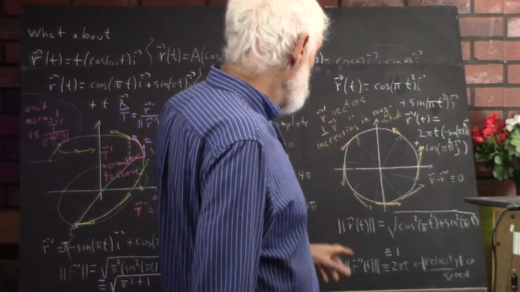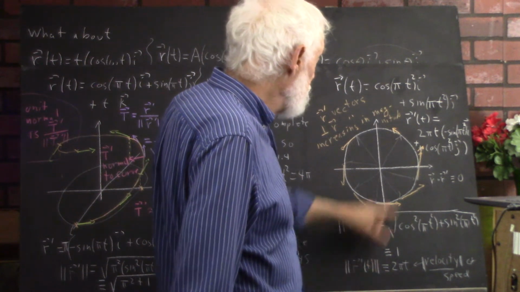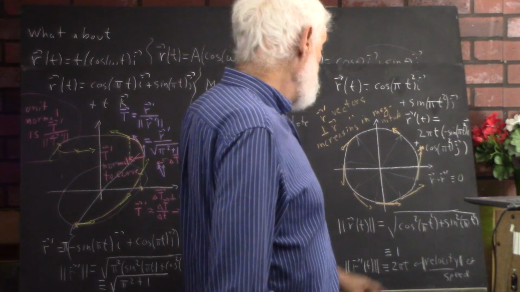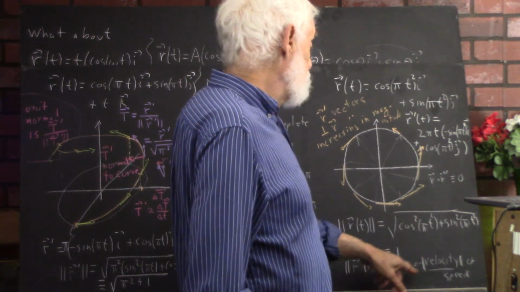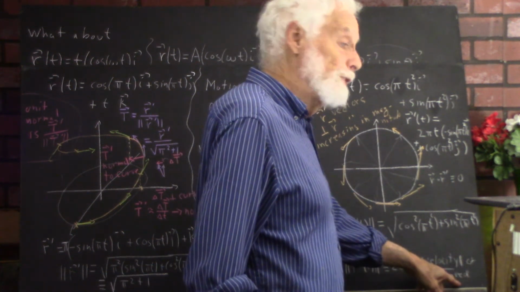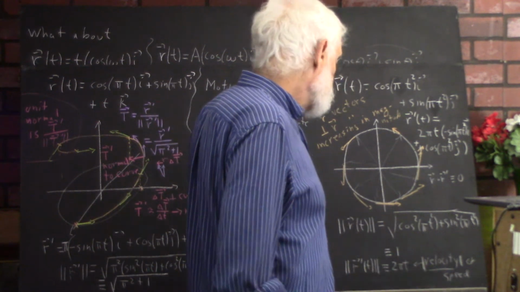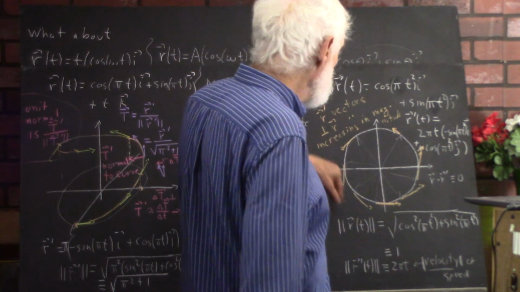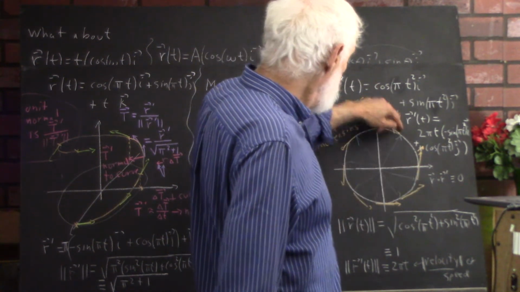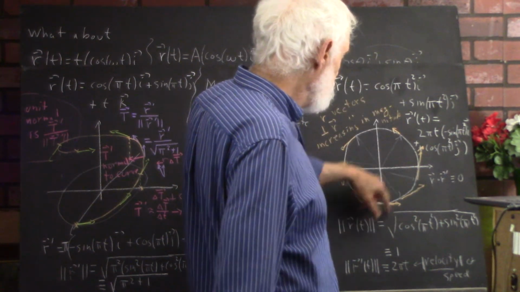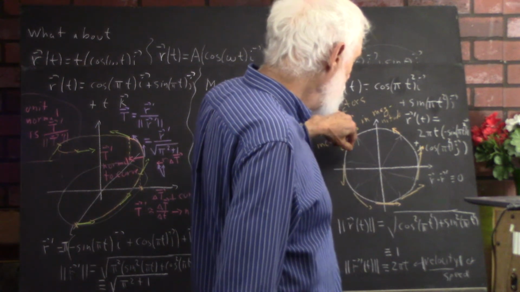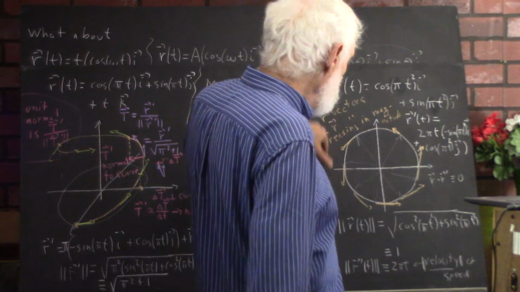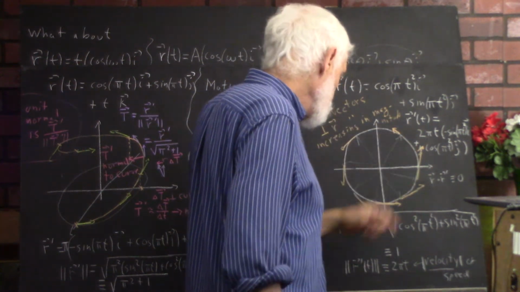The magnitude of r prime, if you just write it out, you're going to get 2 pi t. And that's equal to the magnitude of the velocity, which is the speed. So, as t increases, the speed of motion around this circle increases. And I've shown that by vectors that get longer and longer. Maybe they should have gotten longer in here, but there they are. And they're intended to show that the speed is increasing. You could draw a better picture.